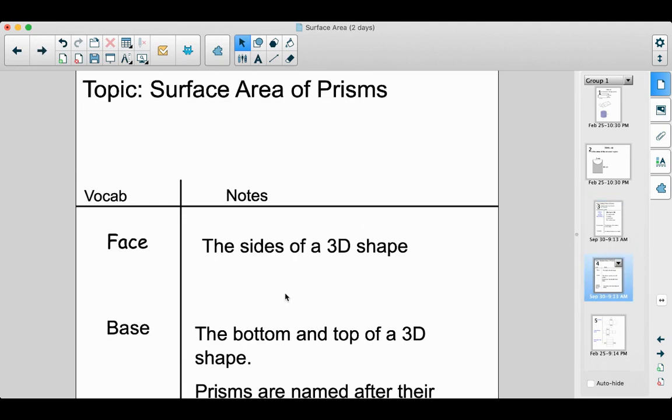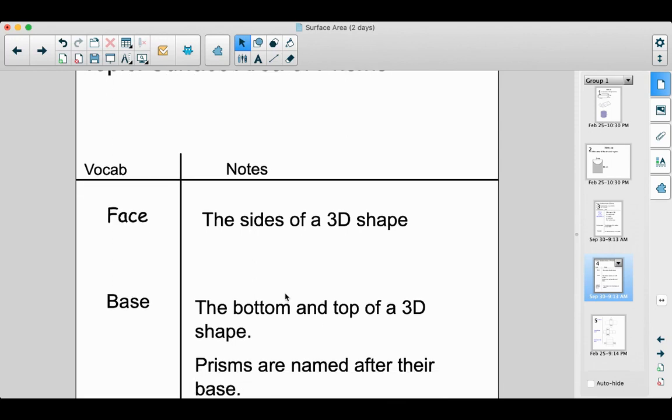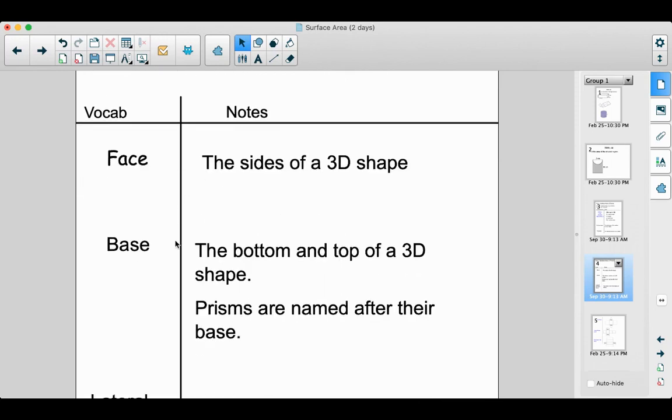When we're talking about prisms, we're going to use the terms face and base, so you should know what that means. Faces are the sides of a three-dimensional shape, around the outside. The base is the bottom and top of a three-dimensional shape. Prisms are named after their base.